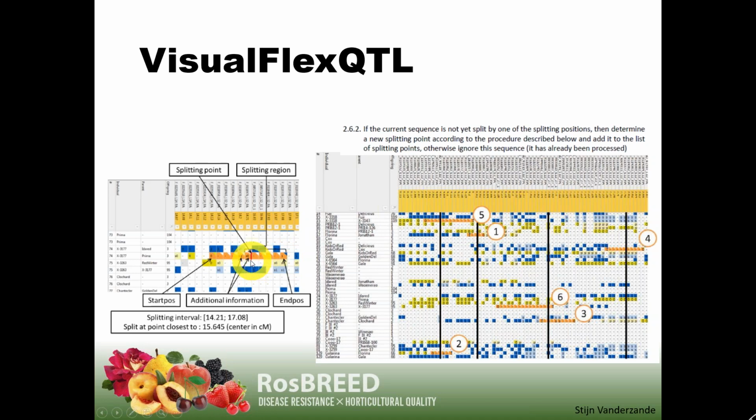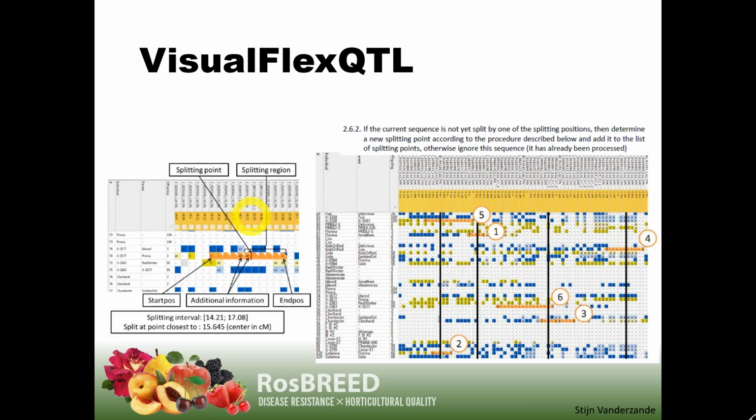Then Visual FlexQTL looks at the position of this marker, which happens to be 14.21, and the position of this marker, which is 17.08. And so it says, well, the middle of this interval is 15.645 centimorgan. So it puts the recombination right in the middle of the interval. And as you look at where the other markers are positioned in this interval, this marker is at 16 centimorgan.